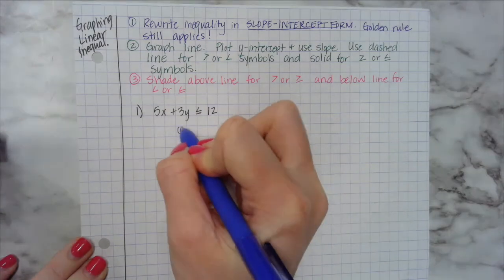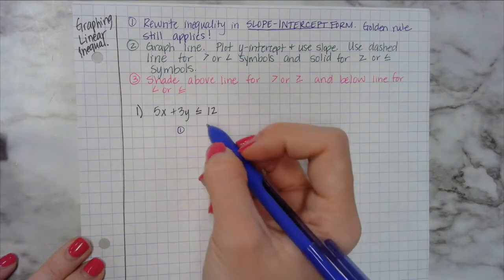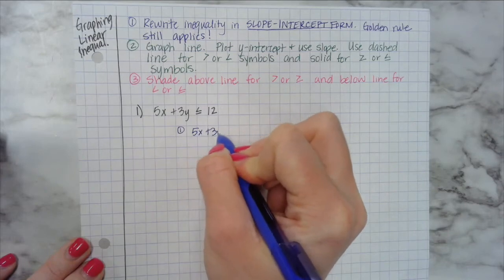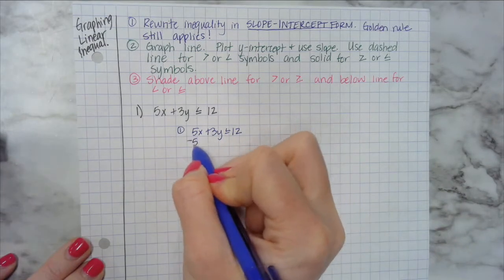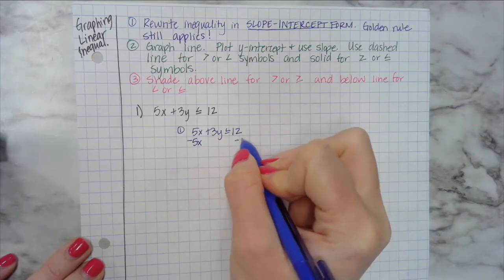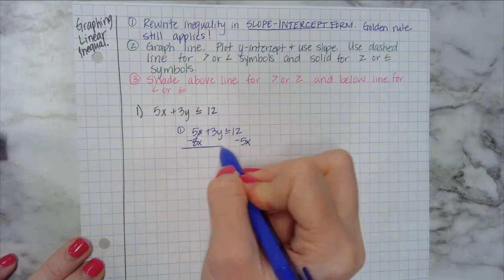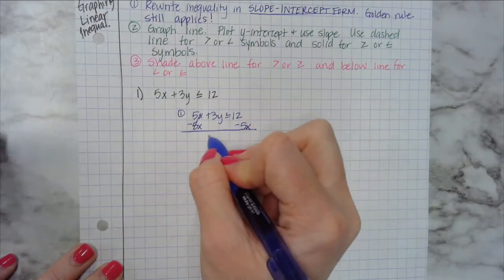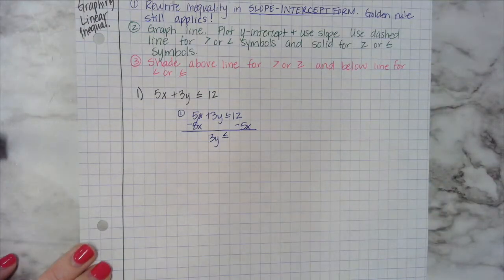And so in order to do step 1, I'm just going to write it in the same color of my notes here so you can see the difference of the steps. So first we have to isolate y. We have 5x plus 3y is less than or equal to 12. We're going to isolate y by eliminating our x term from the left by subtracting 5x. Whatever we do to one side, we have to do to the other. Bring down the 3y, our less than or equal to stays the same. We didn't divide or multiply by a negative.